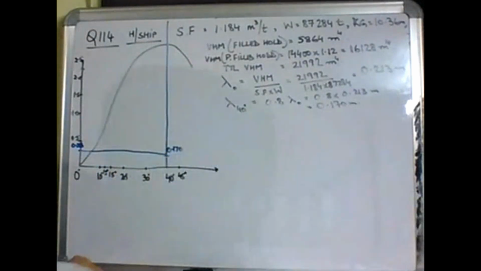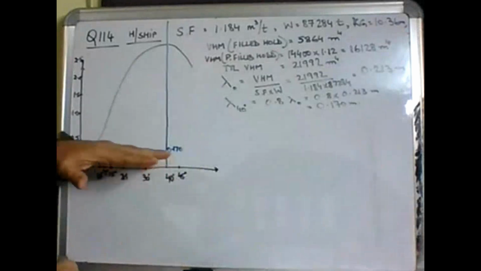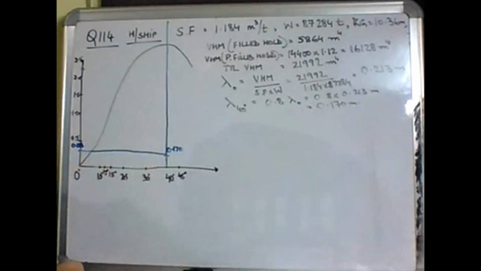So I join these two, and I get what is called a healing arm curve. Is it okay up till now?